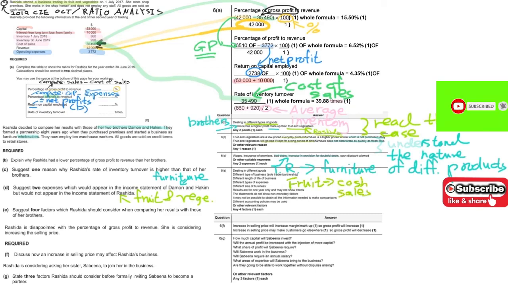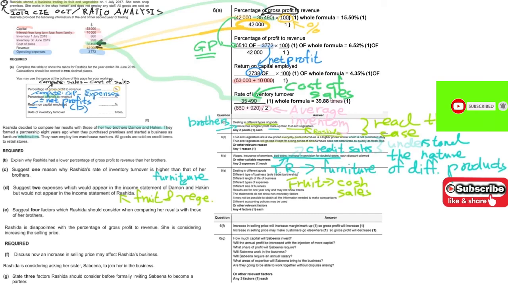So let me put it clearly. For the furniture, they would have credit sales. When credit sales are involved, of course there are bad debts and doubtful debts as expenses. So this one again talks about the nature of the products.